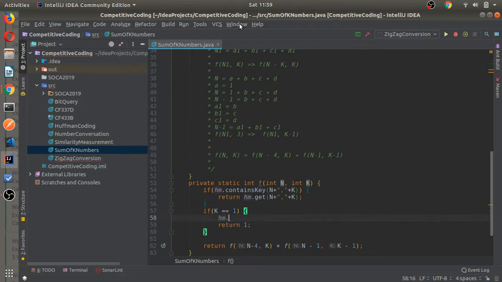So first do hm dot put n plus comma plus k comma 1.